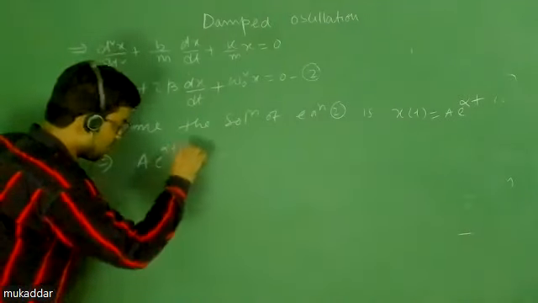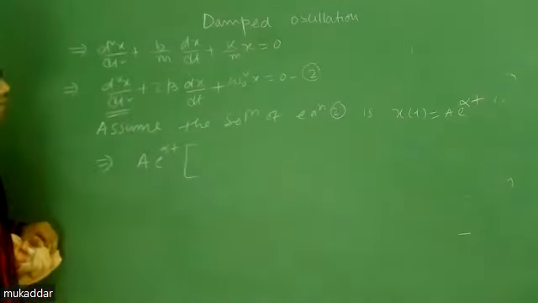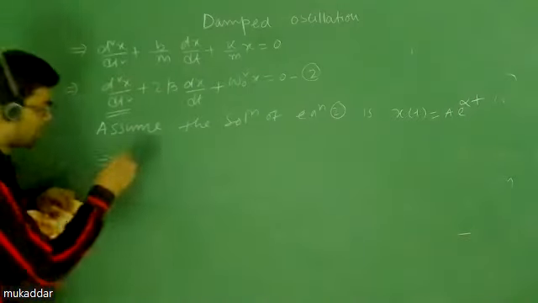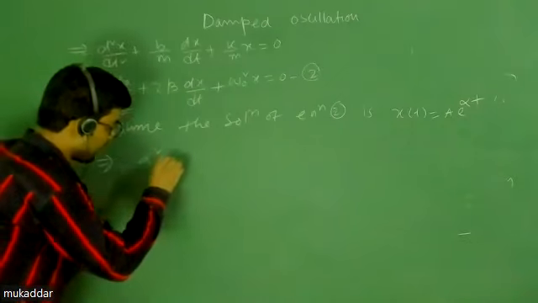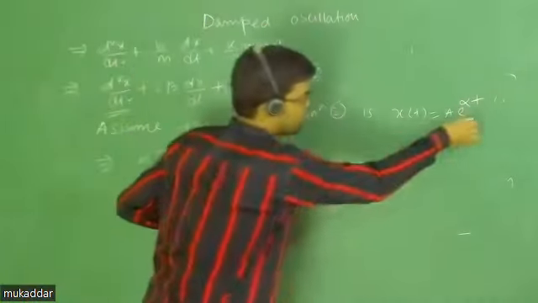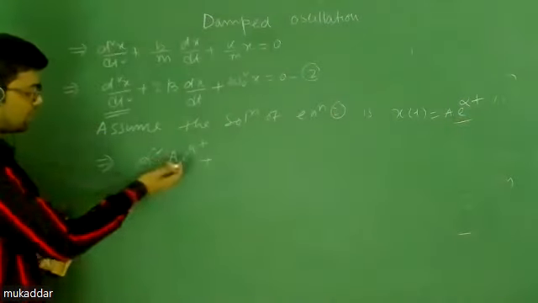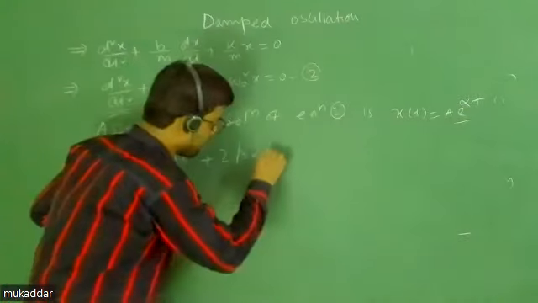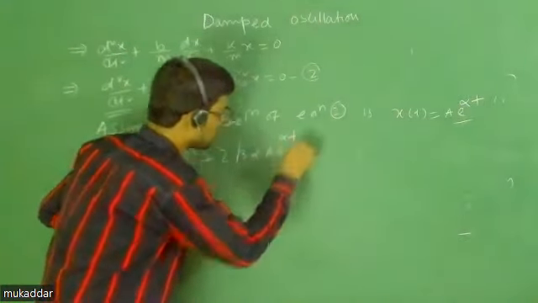We will take this common. First substitute: alpha square a e to the power alpha t, right? If you differentiate this with respect to time 2 times, you will get alpha square a e to the power alpha t. Then 2 beta alpha e to the power alpha t, right?